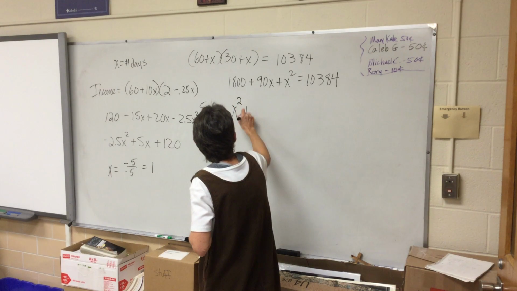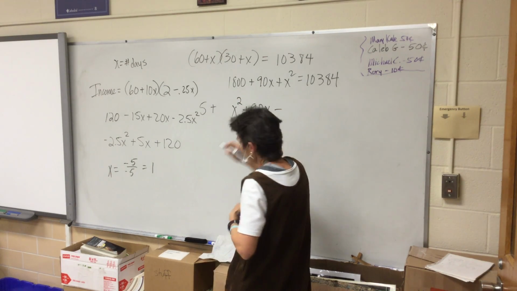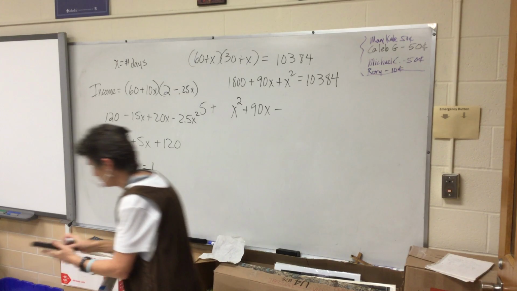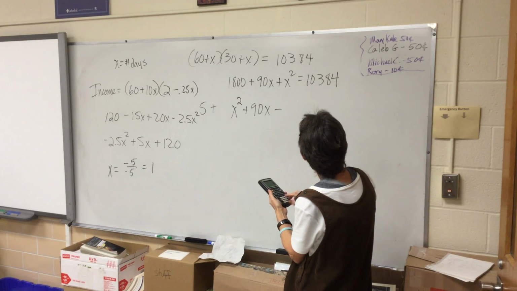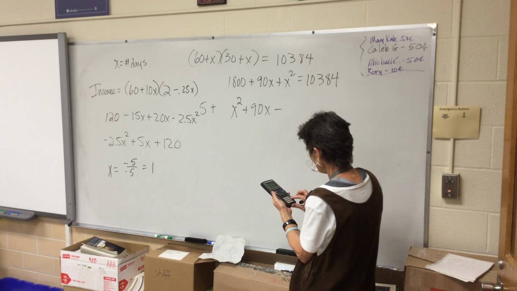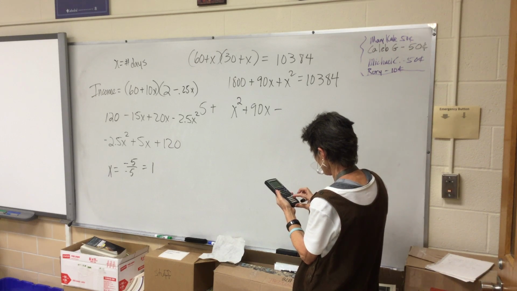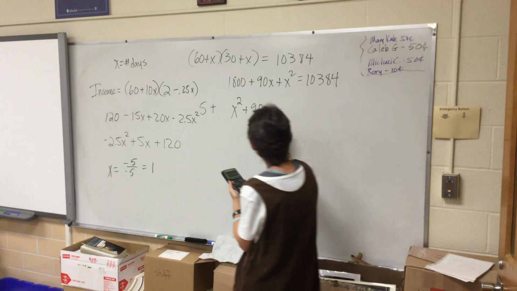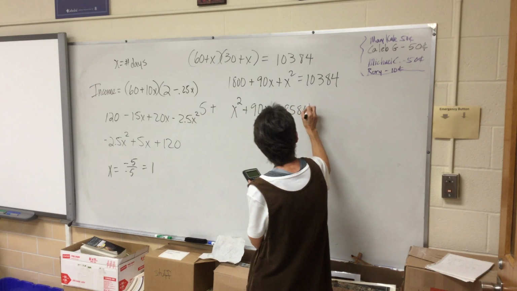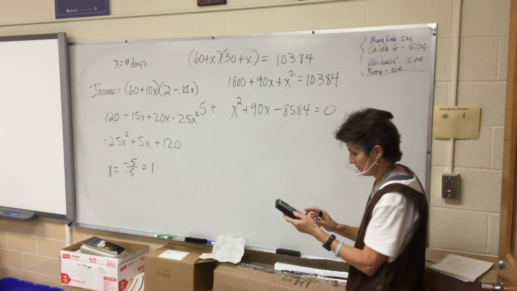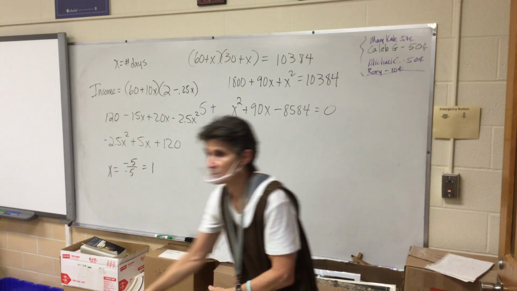So x squared plus 90x minus, I'm getting it set equal to 0. So 1800 minus 3584. Everything making sense so far?